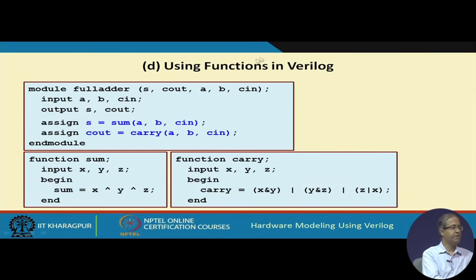Okay. Now, let us see how functions work. We have not talked about functions earlier. See, a function is very similar to a function in a high level language like C. In a language like C, you can have functions.